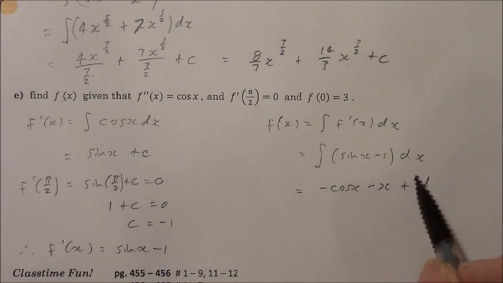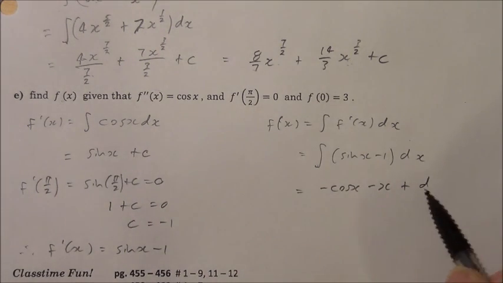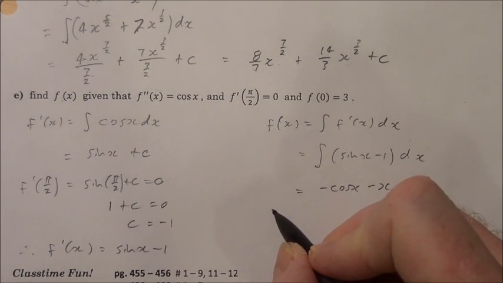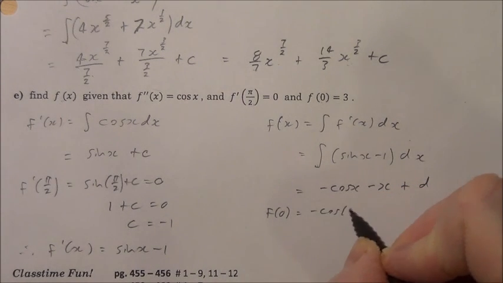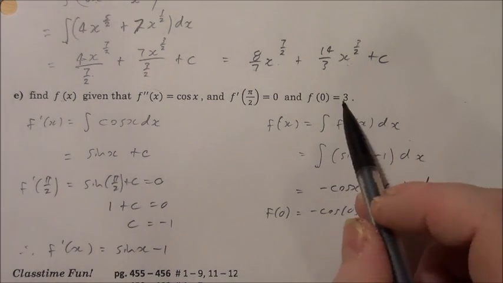So now, because we're given these specific values, we're going to have to substitute 0 into this to find what the d value is. So f of 0 is negative cosine of 0 minus 0 plus d, and that equals 3.